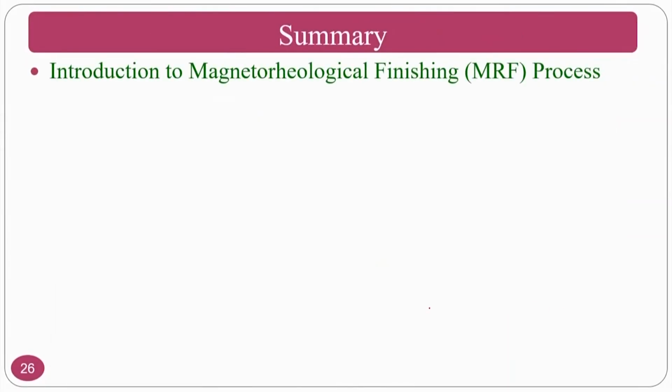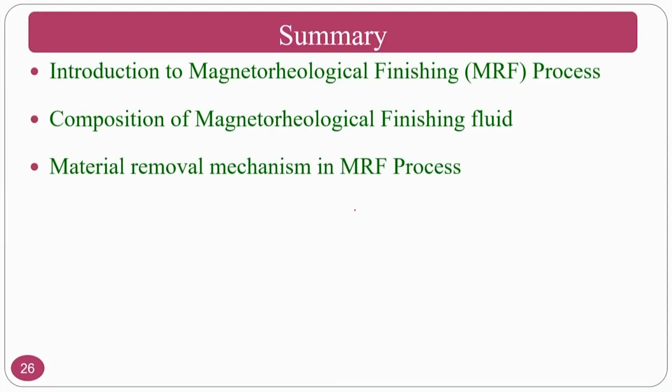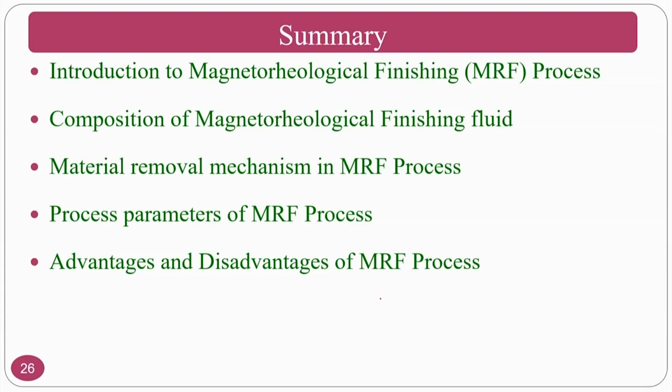In the summary of this particular class, we have seen the introduction to the Magneto-Rheological finishing process, then the composition, which consists of CIP particles, carrier medium, additives along with the abrasive particles. You have seen the material removal mechanism in the MR process and the process parameters, what are the input parameters that you can control to achieve the output responses, and the advantages and disadvantages of the MR finishing process.